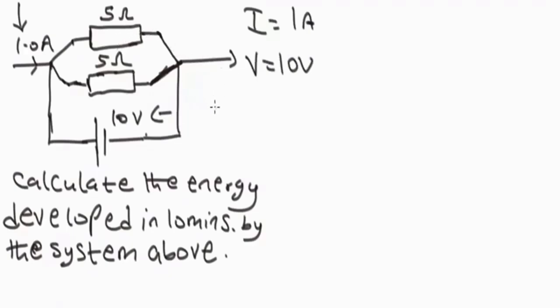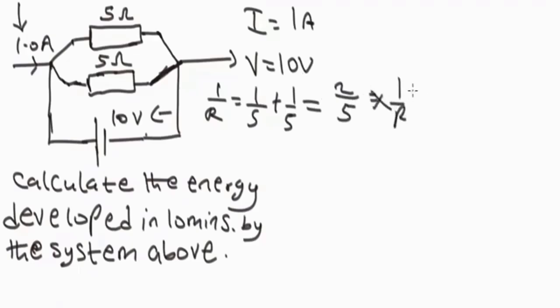So to get the total resistance in parallel, it is going to be 1 over R equals 1 over 5 plus 1 over 5. Alright, which is going to give us 2 over 5. So remember 2 over 5 equals 1 over R. Cross multiplying, we're going to have 2R equals 5. To make R the subject of the formula, divide both sides by 2.